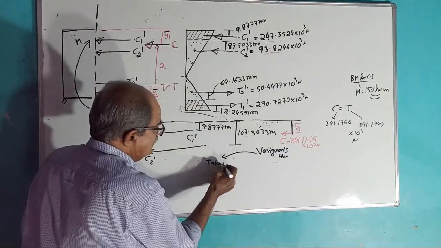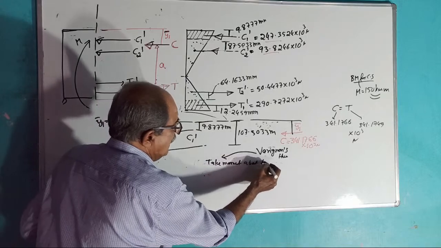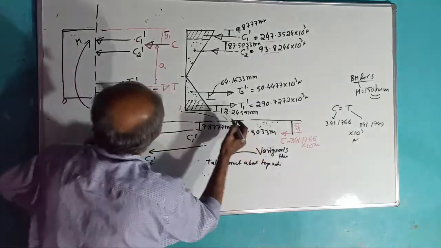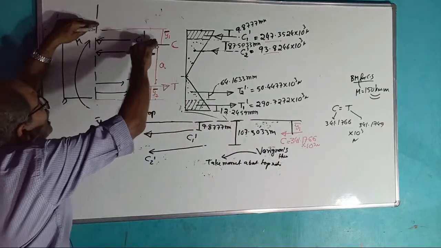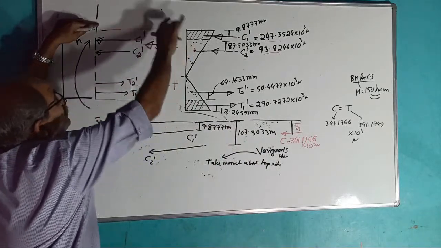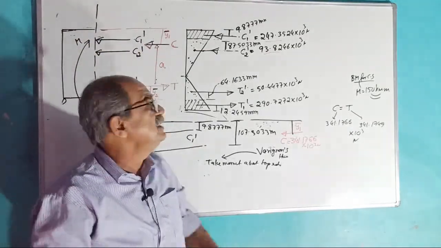So, apply Varignon's theorem. Take moment about the top edge. Then see, this will produce clockwise. This also will produce clockwise. This also produces clockwise. Therefore, sign convention not required. See, start.